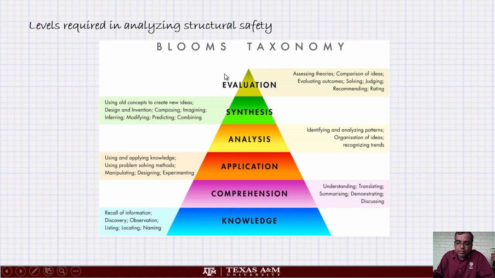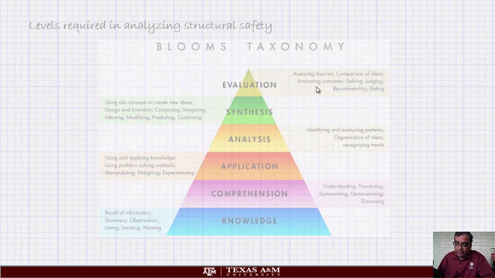These are what people think of as trick questions, where I have to put together old concepts in a new way, and the trick has to do with, can you figure out what to use? Pattern recognition is another trick. Using old concepts to create new ideas is another trick. This is really the open-ended kind of thing, vague questions for which there is no one answer. So all of these things are involved.